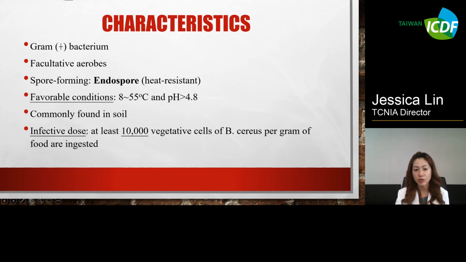The infective dose is usually set at least 10,000 vegetative cells of B. cereus per gram of food ingested. So at least 10,000 vegetative cells of B. cereus found in 1 gram of food ingested will cause the illness associated with B. cereus.